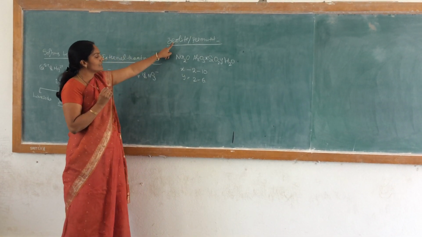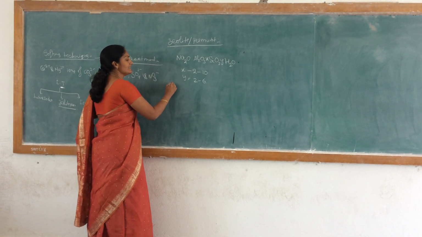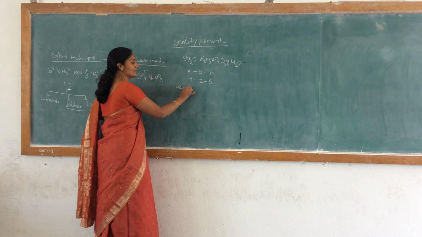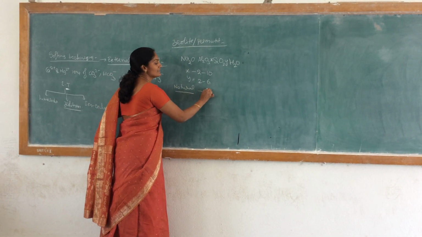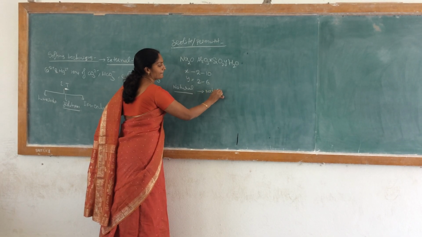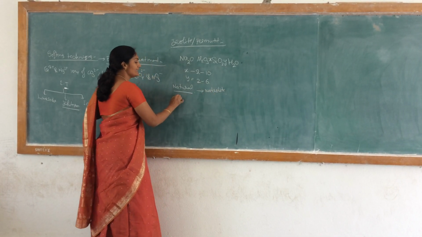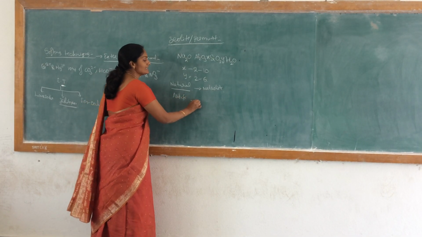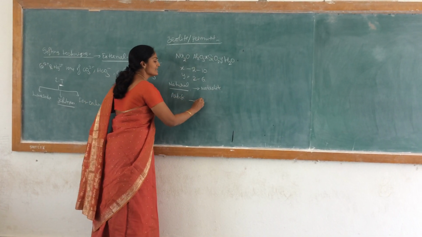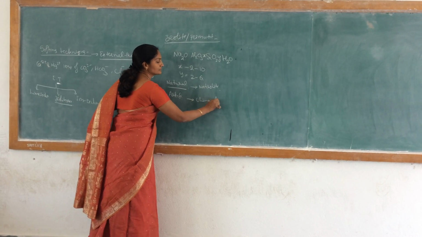These zeolites are of two types. One is natural zeolite, and the best example is natrolite. The second one is artificial zeolite, and the best example for this is china clay.